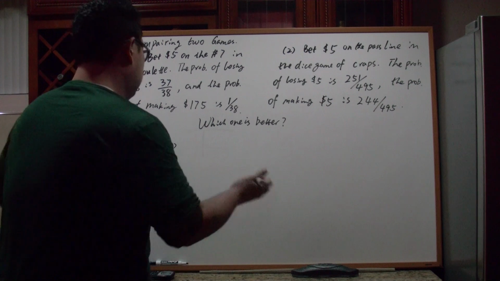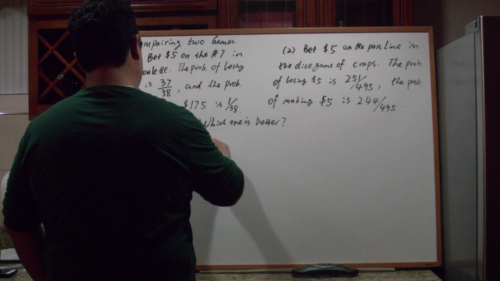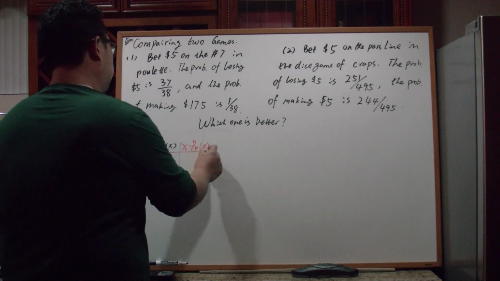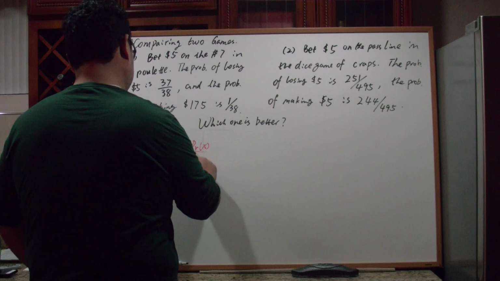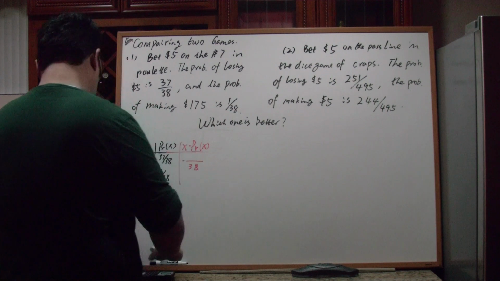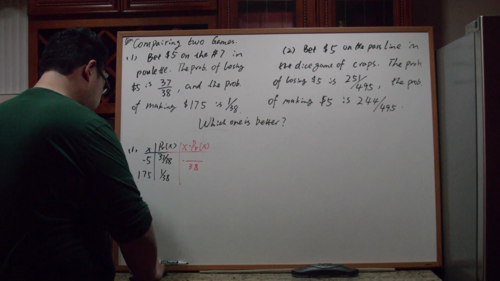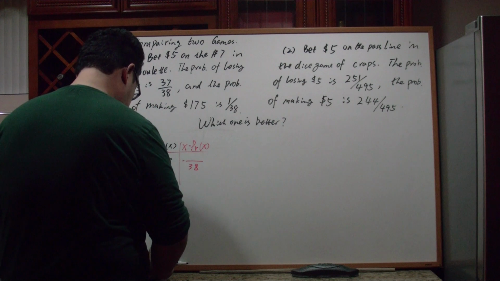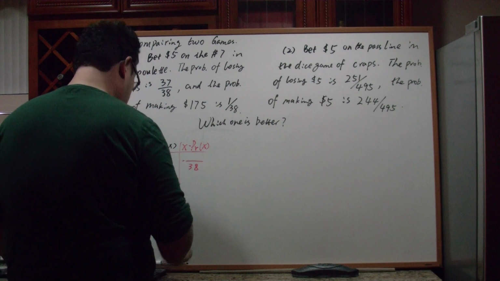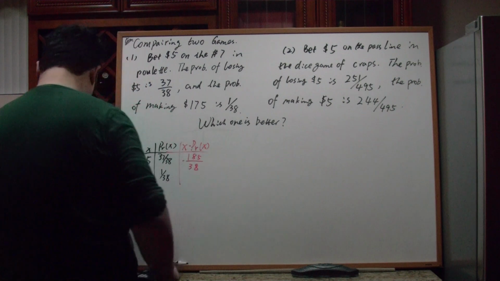And when we put the value to get the expected value, we need to multiply the x with the probability. Right, 37 times 5 over 38, that's negative 185 over 38.